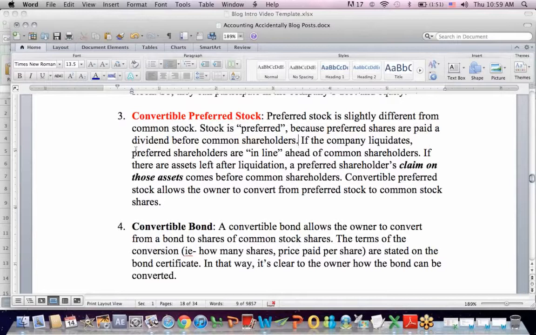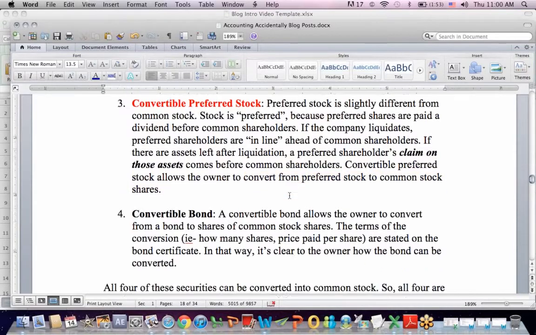If the company liquidates, preferred shareholders are in line ahead of common shareholders if there are assets left after a liquidation. So preferred shareholders have a claim on assets that comes before common shareholders. So if you have a convertible preferred stock, that means that you have the opportunity to convert from preferred stock into common stock.